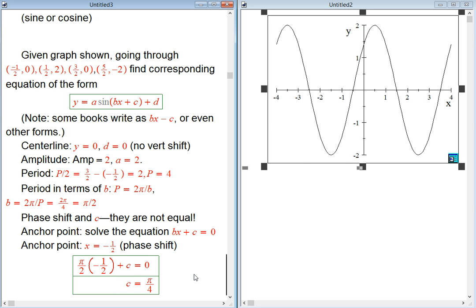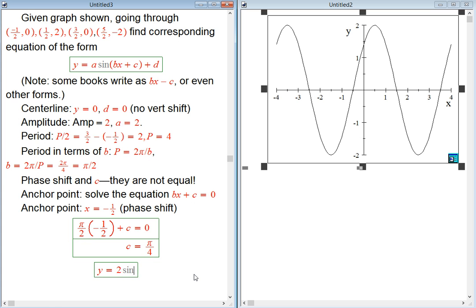So now we're done. y equals 2 sine of pi over 2 x plus pi over 4, and then plus 0, but I want to include that. Now, the only difference between this and our current book is that they do tend to write this with a minus sign. So they would change the sign of c.